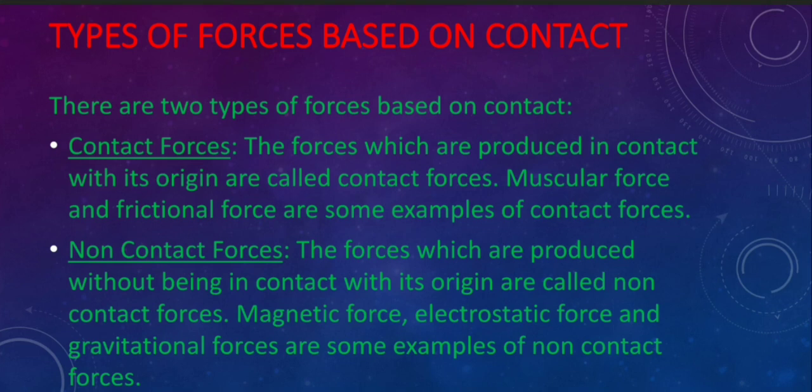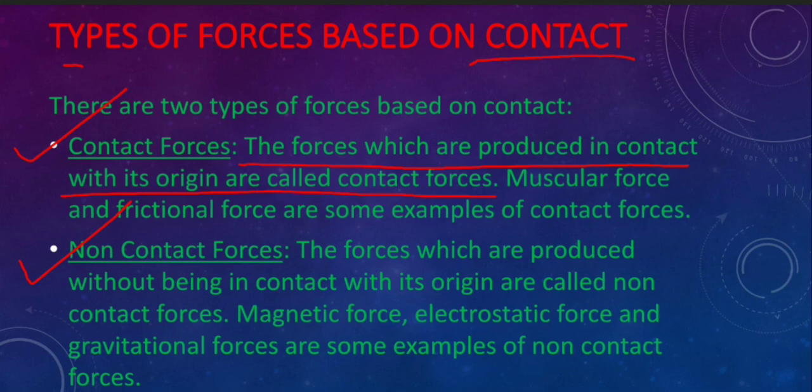Types of forces based on contact. There are two types of forces based on contact. First is contact force and second is non-contact force. So what is contact force? The forces which are produced in contact with their origin are called contact forces.